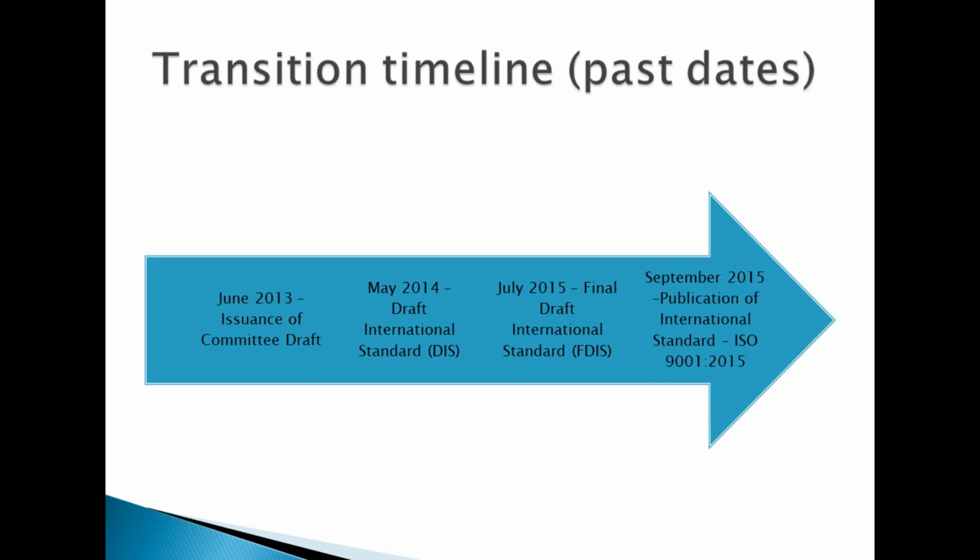Looking then to July of 2015, we saw the final draft international standard, which now the percentage was more like 98 or 99%, because in very short order, September of 2015, we saw the publication of the official ISO 9001-2015 standard, and it was available and certifiable.